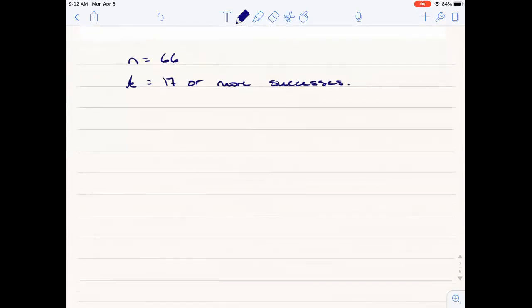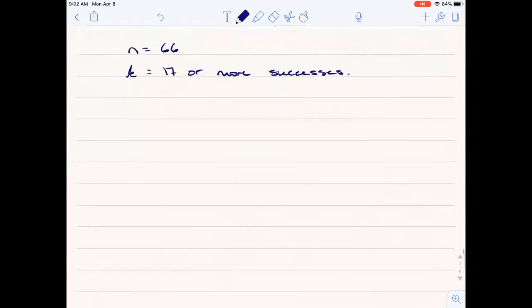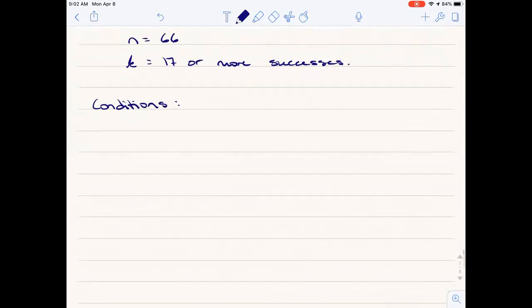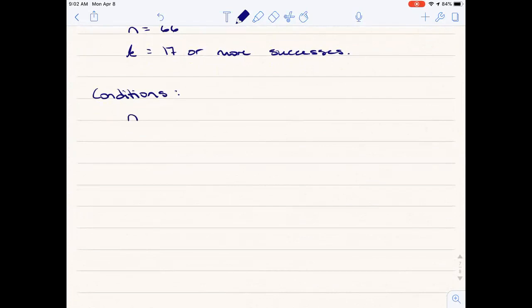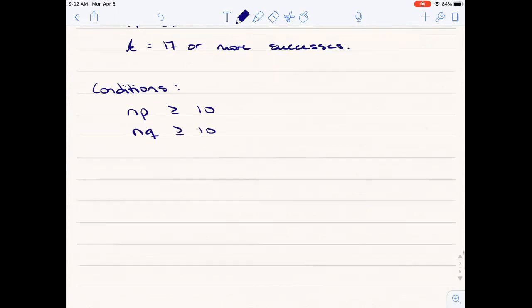So the conditions are the same as the ones we had for the proportions, right? n times p has to be greater than or equal to 10, and n times q has to be greater than or equal to 10.